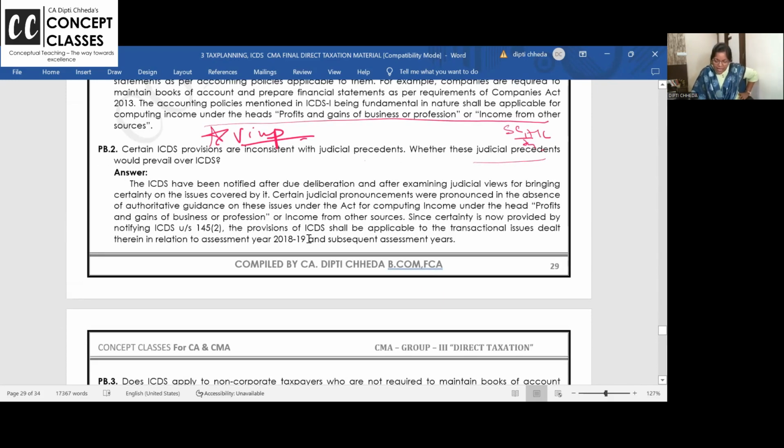Let us read it. ICDS have been notified after due deliberations and after examining the judicial view on the issues covered. Certain judicial pronouncements were announced in the absence of guidance on these issues under the Act for income from other sources or business head. Since certainty is now provided by notifying ICDS, provisions of ICDS will be applicable to the transactions dealt with from the assessment year where ICDS starts, instead of judicial pronouncement, because ICDS is giving clarification.